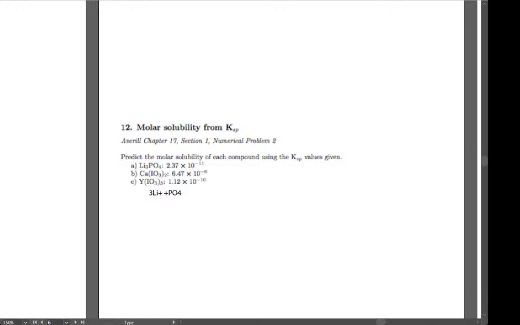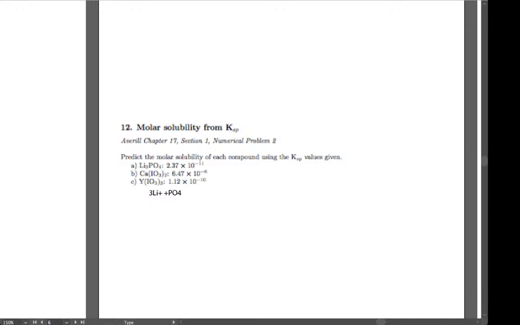I guess it's just calculating the x, because what you try to find is, for each compound, you need to be careful here. So let's go ahead and try to find this one first.